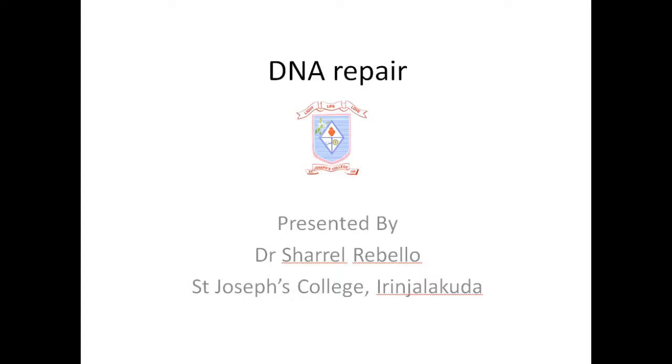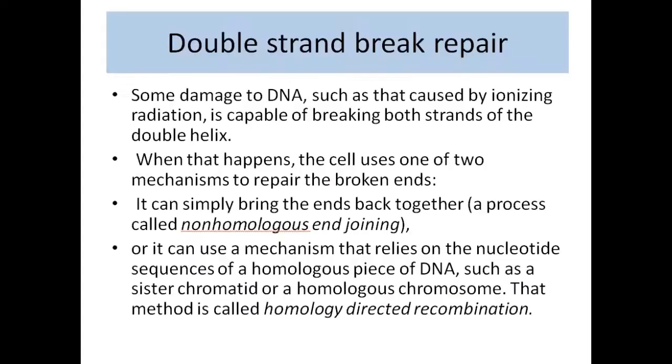Hi students, welcome back to DNA repair. In the previous session, we had mentioned the double-stranded break repair, which normally happens because of exposure to ionizing radiations. We found that these ionizing radiations can result in the formation of double-stranded breaks in the DNA double helix.